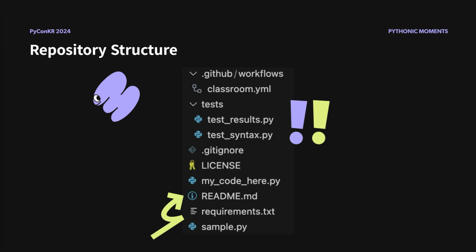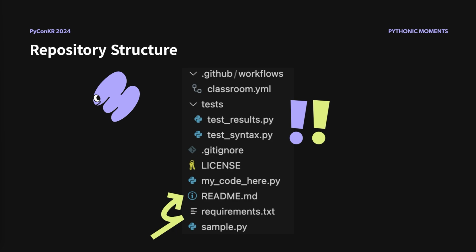This is a sample of the repository structure. Of course, the GitHub workflows folder has a classroom.yml file, which will dictate the procedure of the CI/CD process. Two of the important files here are the test scripts that I created using pytest. For example, I can also set up points.